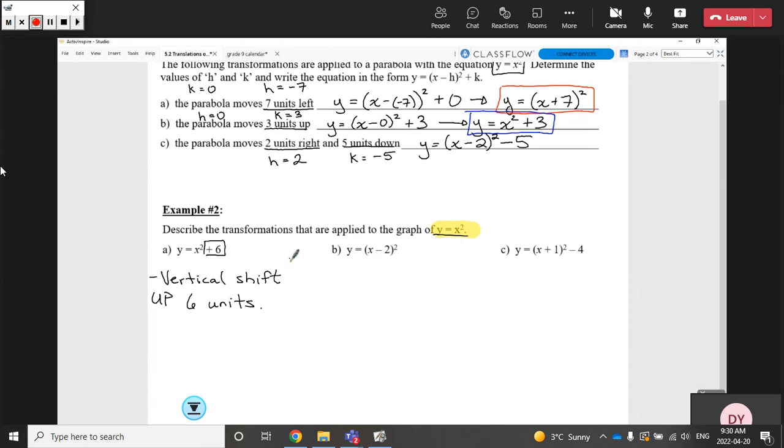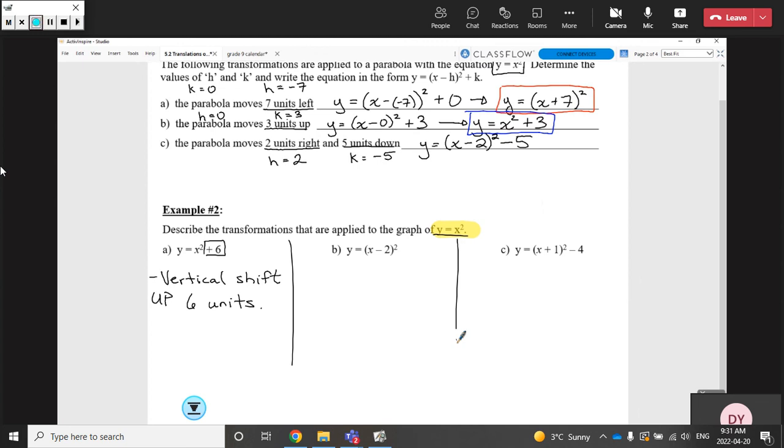All right. Next one. Now again, it's in the brackets. I want you to be extremely careful here. We got y equals x minus 2 squared. Now, we know that's the h value, and that h is a left or right movement. And it looks like it's x minus 2, right? It's laughing at us right now. It's trying to trick us a little bit. What do we know about when it says x minus 2?